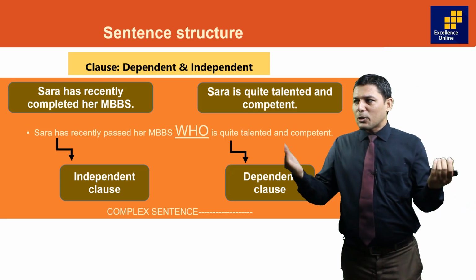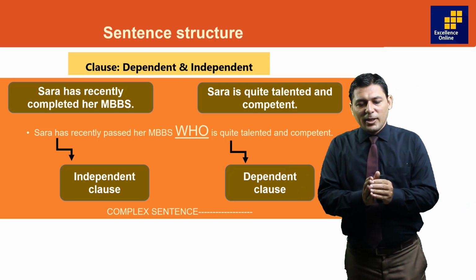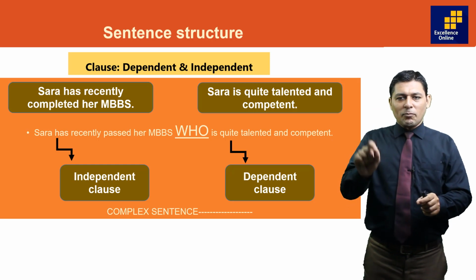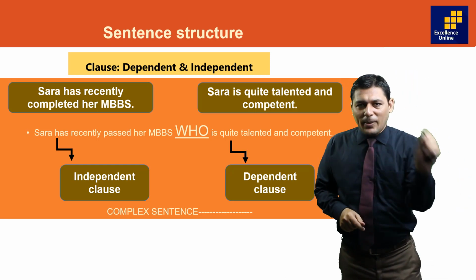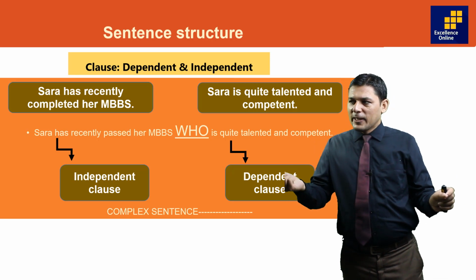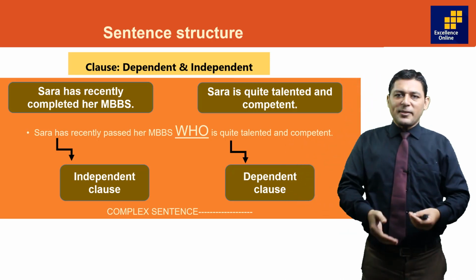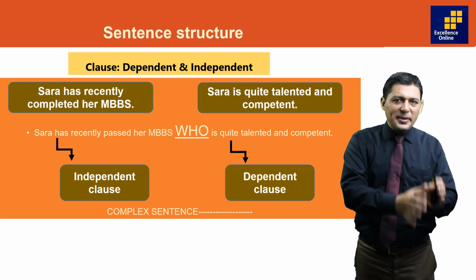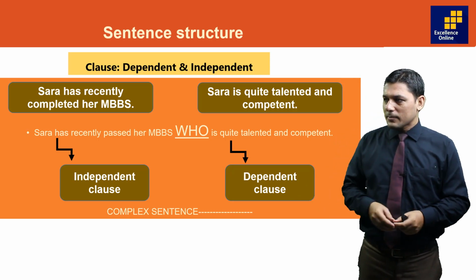Who is quite talented and competent, who indirectly or directly refers to the subject. It is incomplete without linking to the first part of the sentence. So we have one sentence which has 2 clauses, a dependent clause and an independent clause.